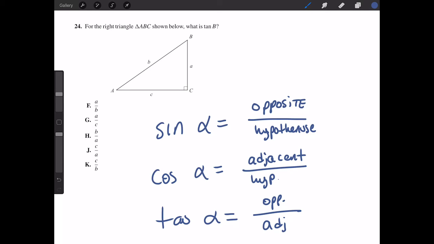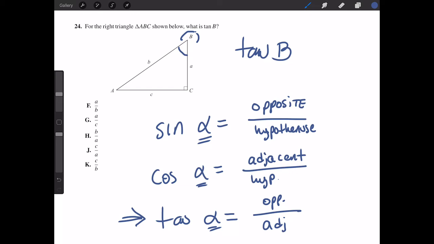So that's important for you to know, that this is with respect to whatever angle you're talking about. So in this case, they're talking about angle B because they ask for tangent of B. So it's this angle right here. In other words, this one. Now, if we look at the definition of tangent, it's equal to the opposite side to the angle divided by the adjacent side.